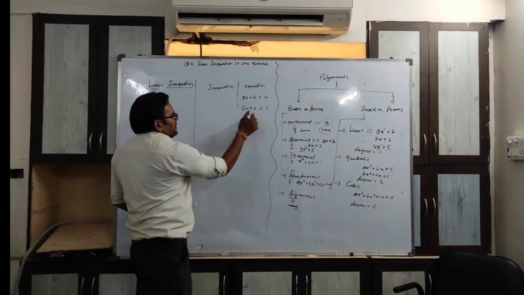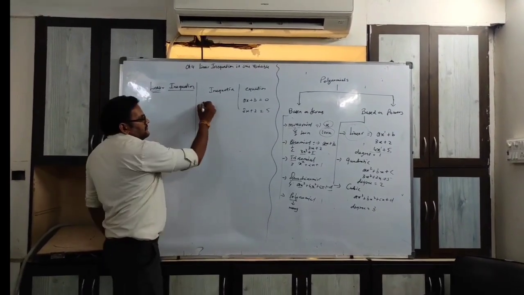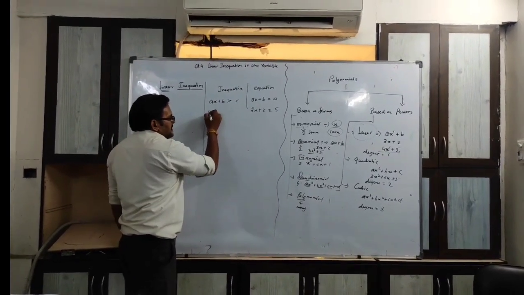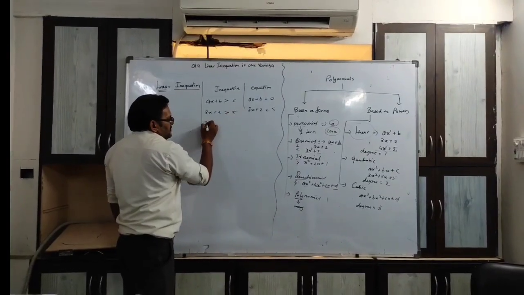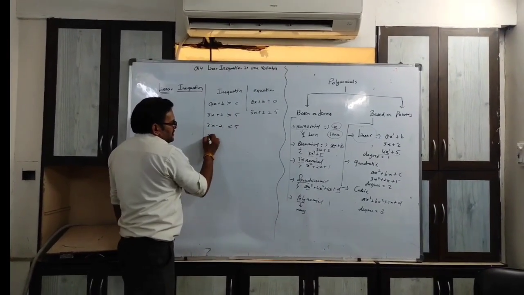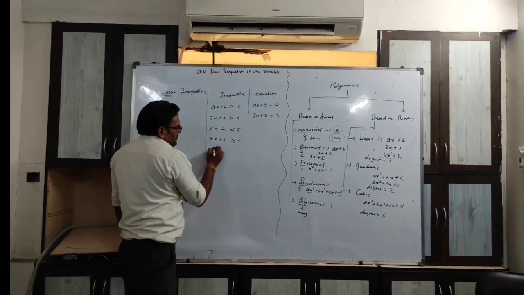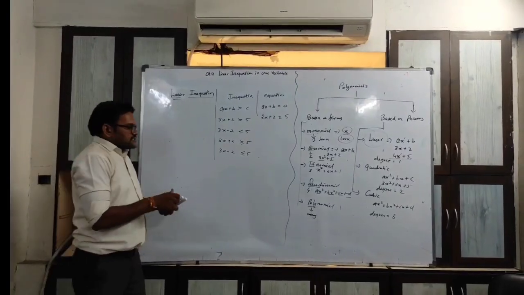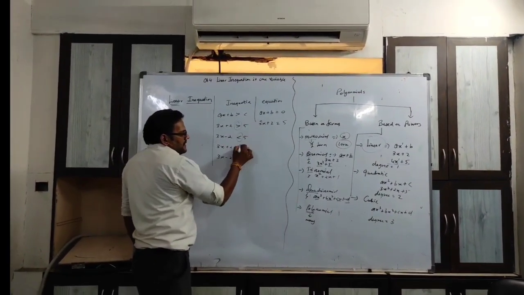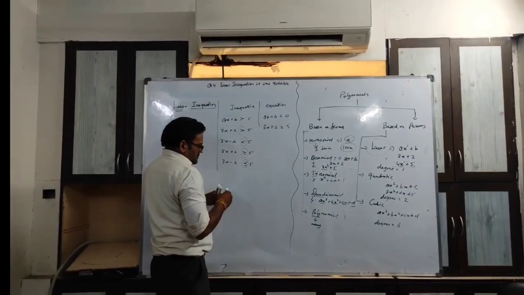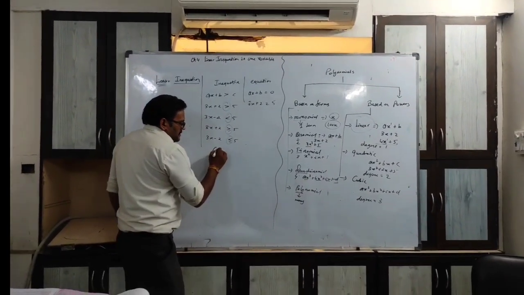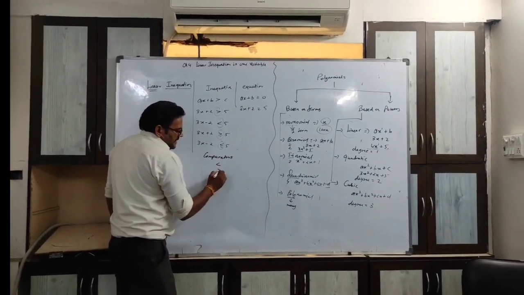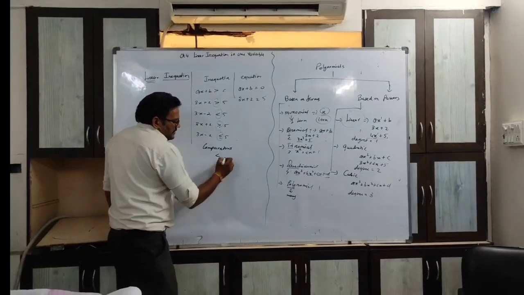But instead of the equal to sign, if we are using comparators, for example ax plus b is greater than c, or 3x plus 2 is greater than 5, 3x minus 2 is less than 5, 3x plus 2 is greater than equal to 5, 3x minus 2 is less than equal to 5. These are the comparators, in mathematical terms, that is less than, greater than, less than equal to, greater than equal to.